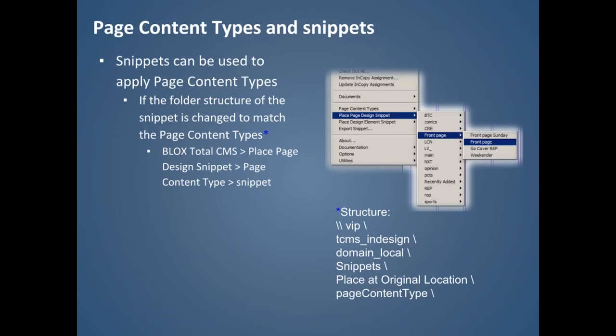And so when they pick any of those 4 snippets, the system will say, oh, well, this is a front page design, and so it'll mark the page content type in InDesign and Page Tracker and Live Editions as front page. And again, the names of all these things are totally up to what you and advertising want people to see on Live Editions.